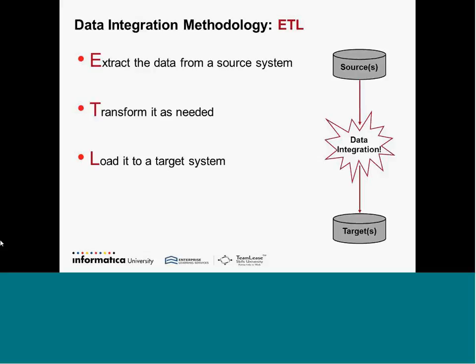That's what we call ETL. You need to extract, you need to transform the data, and you need to load it to the target system. That's where the data integration methodology works.